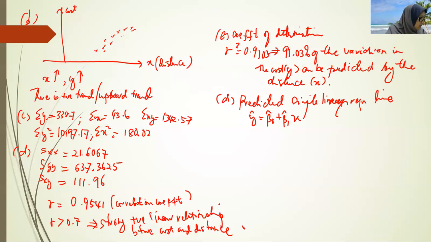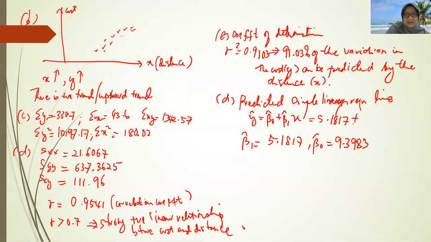Using the formula you can find beta 1 hat equal to 5.1817, and beta naught hat, using the formula that we gave you before, is 9.3983.